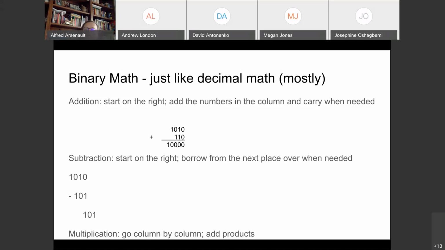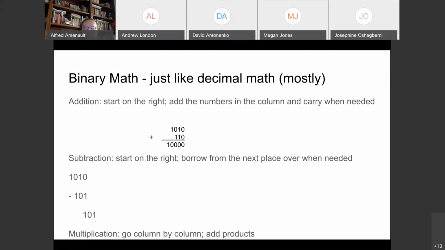Adding the 1 we carried gives us 10 again. And so once again, we have the 0 with the 1. So 1010 plus 110 gives us 10000. So binary addition works just like decimal addition.